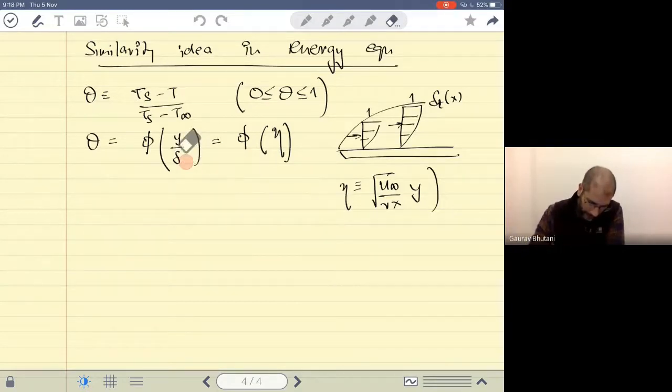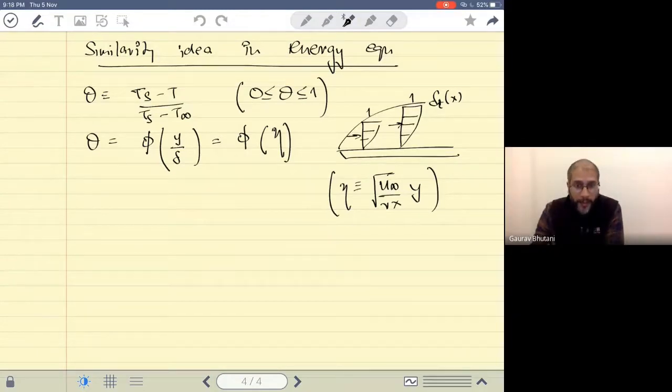Let's not confuse ourselves. We will later see that the thermal thickness will be different from the momentum thickness. But since we are using the same eta as earlier, we should actually call this delta here. So don't worry about this too much. We'll come back to this later.